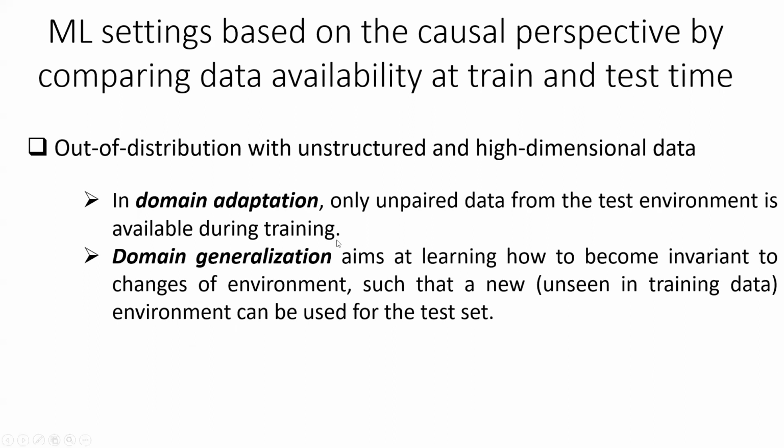In domain adaptation, only unpaired data from the test environment is available during training. And for domain generalization, the goal is to learn to become invariant to the change of environment such that a new environment can be used for the test set.